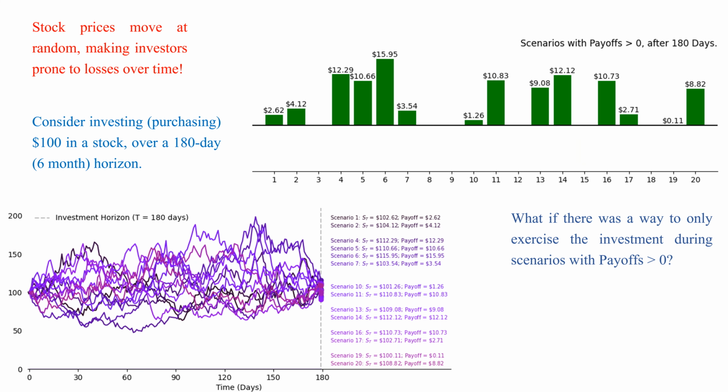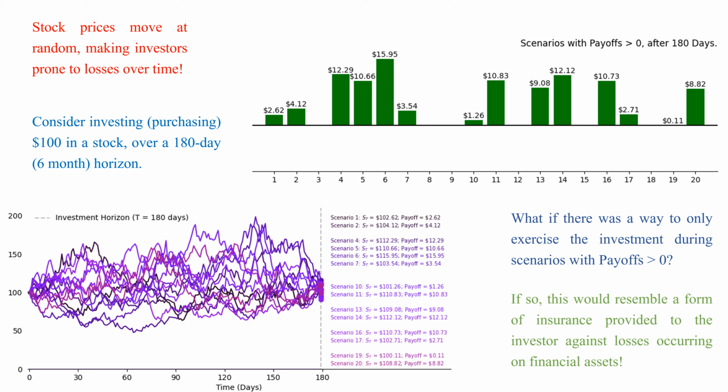So this is what our payoffs over the 20 scenarios would look like, where if the payoff is less than zero, they wouldn't be exercised. Now, if this is possible, this would resemble a form of insurance provided to the investor against losses occurring on financial assets. So let's explore this in more detail.